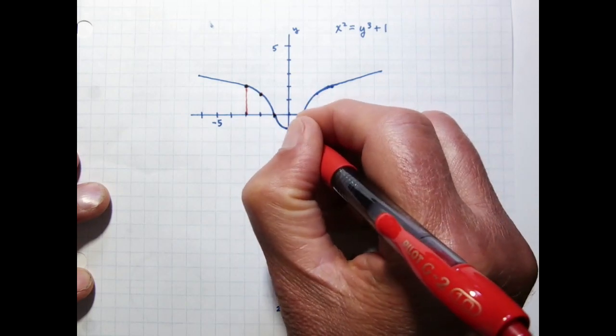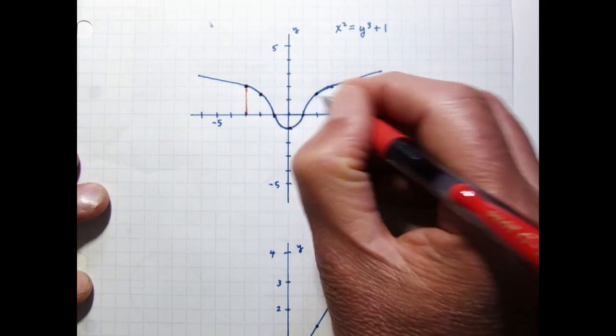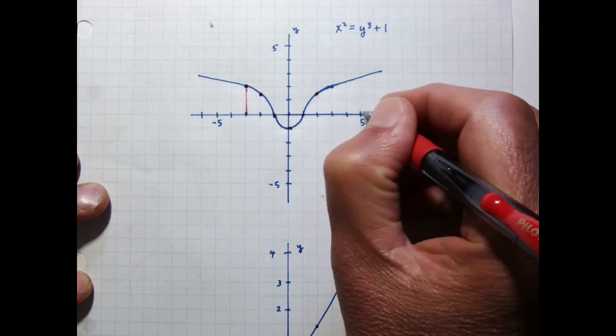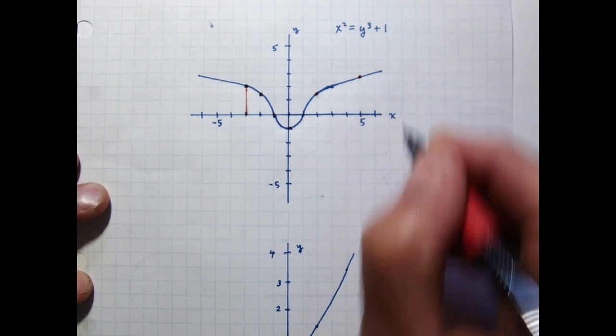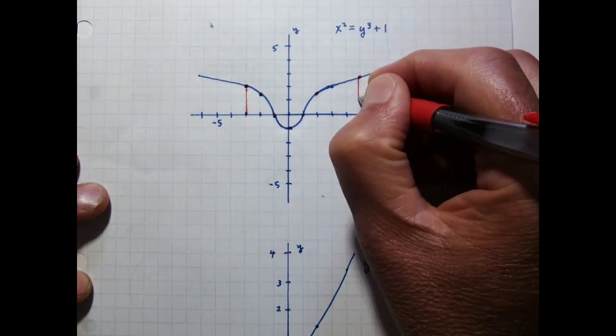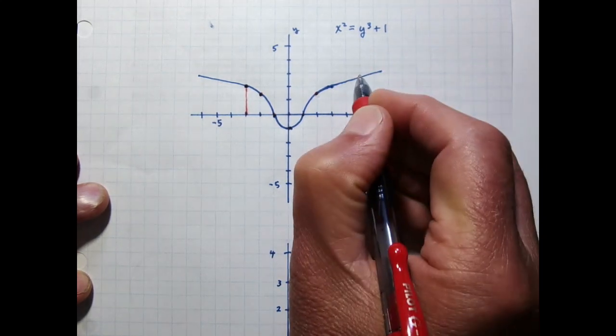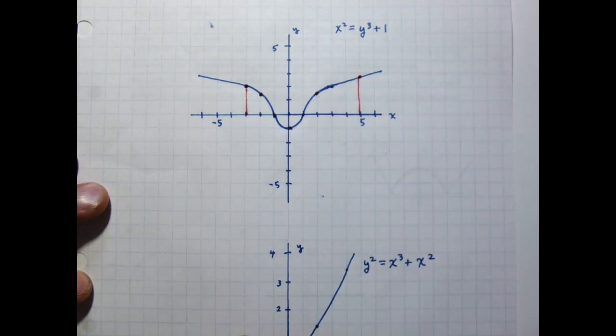Here, here, here. And again, I can pick any x value at all, even points that we didn't plot the other day. There's just one y value that corresponds to that x value. There's one y value that corresponds to each x.